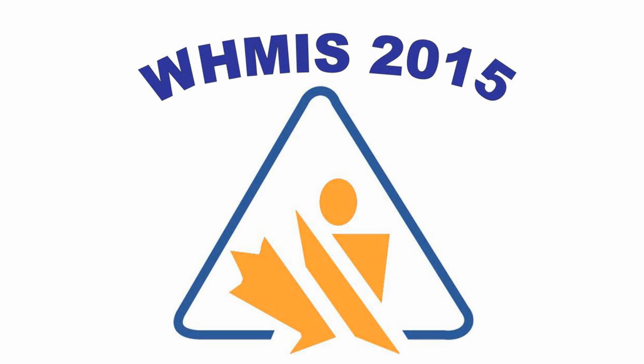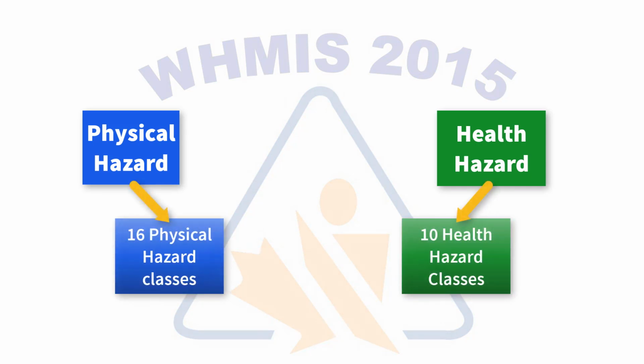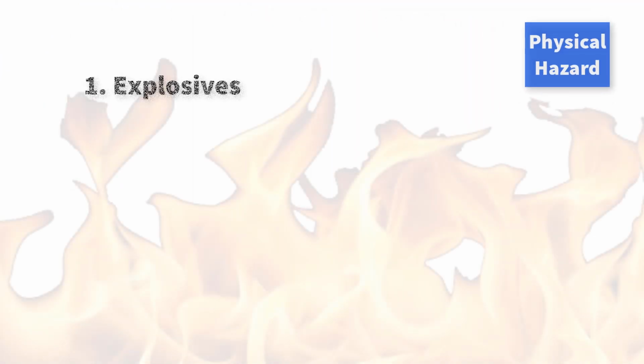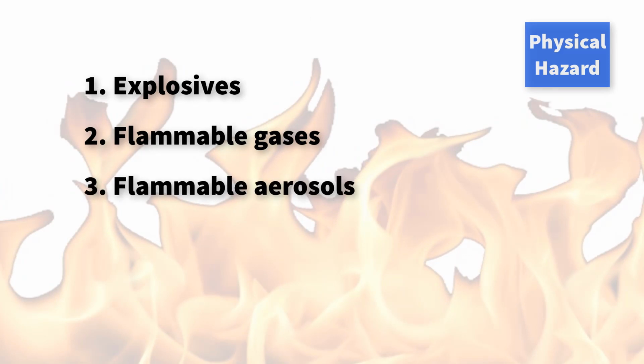Under WHMIS, there are 2 major hazard groups, physical and health. Each group includes hazard classes, 26 in total, that have specific hazardous properties. The first 5 hazard classes categorized under the physical hazard group are as follows: explosives, flammable gases, flammable aerosols, flammable liquids, flammable solids.